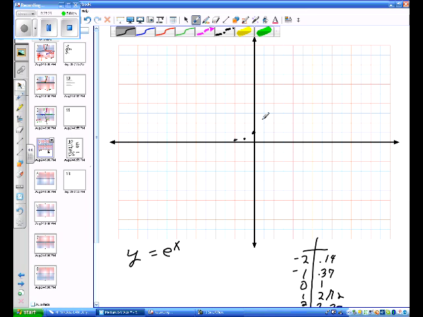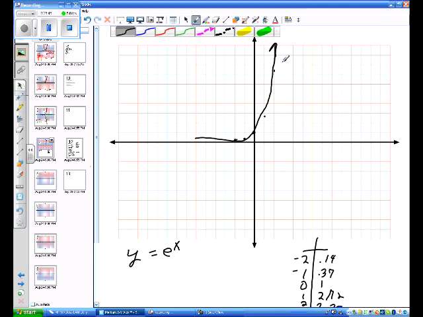We still cross the y-axis at 1, then 2.72, and 7.39. 2, 4, 6, 7, about here. And so we have our exponential graph.